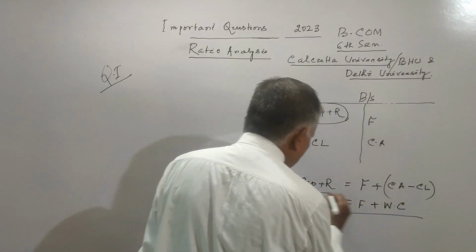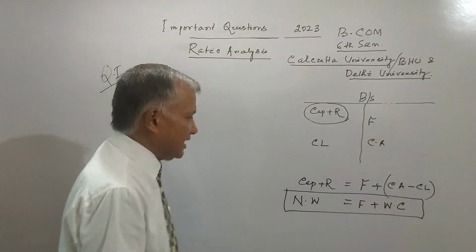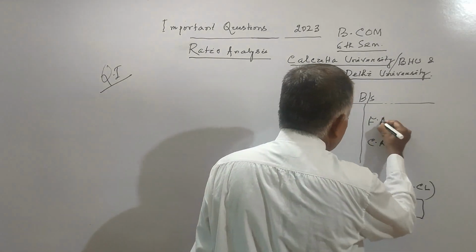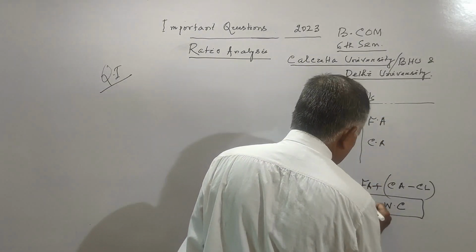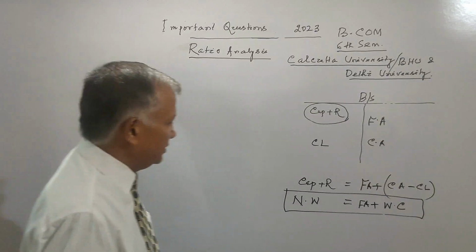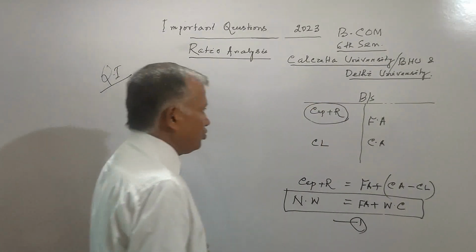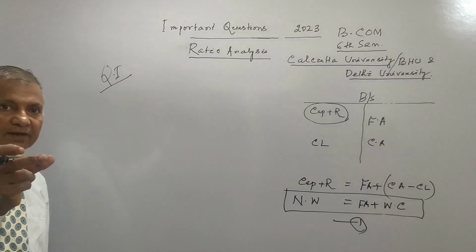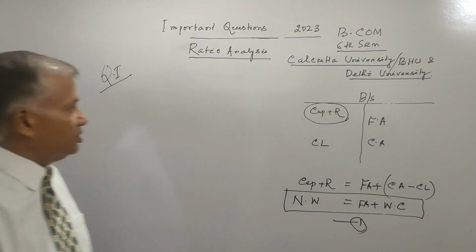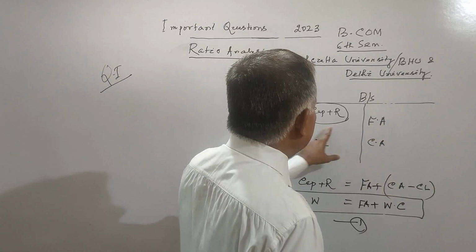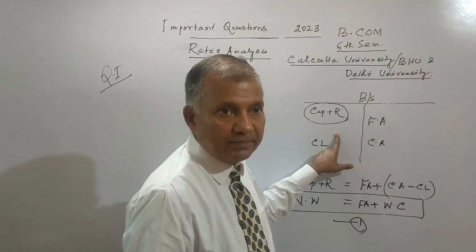So net worth is equal to fixed asset plus working capital. This is your equation 1. This equation definitely holds good where long-term debt is not given.